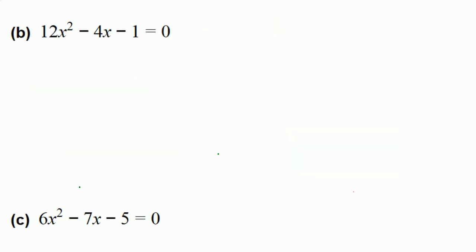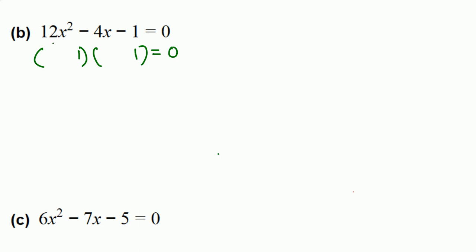Let's do part B. Okay, the right-hand side is 0, that's good. There is nothing in common in all three terms, so we want to factor as a product of two binomials equals 0. The only way 1 factors is 1 times 1. To get negative 1, one of them should be positive and the other negative.